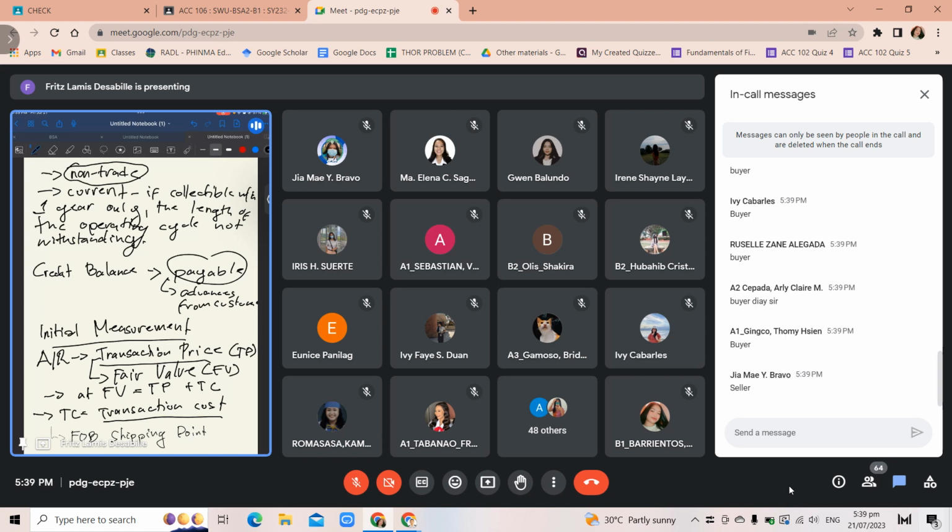The owner is the buyer. FOB destination, the ownership of the goods will only transfer upon arrival of the goods at the destination. So therefore, with FOB destination, the owner is the seller, because ownership transfers only upon receipt of the goods by the buyer.